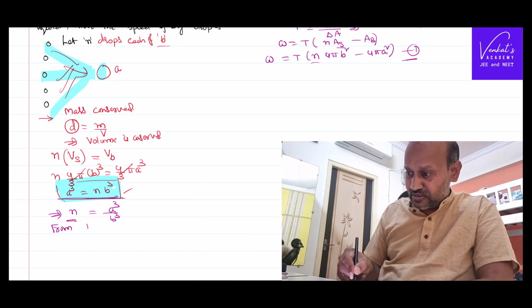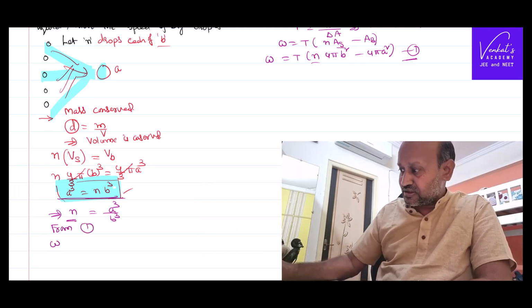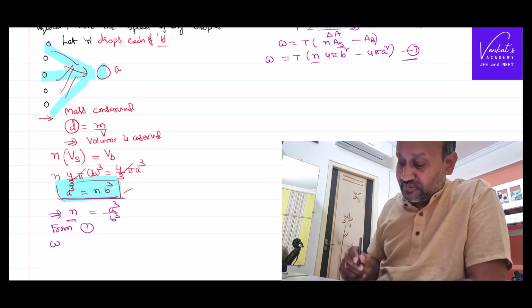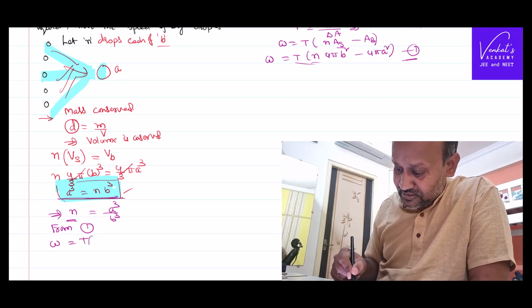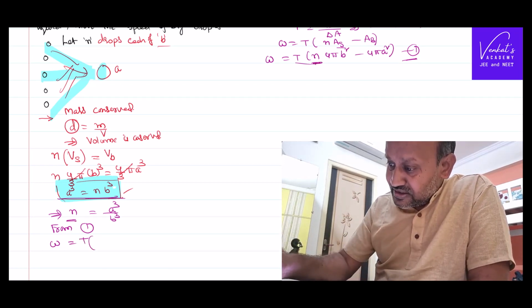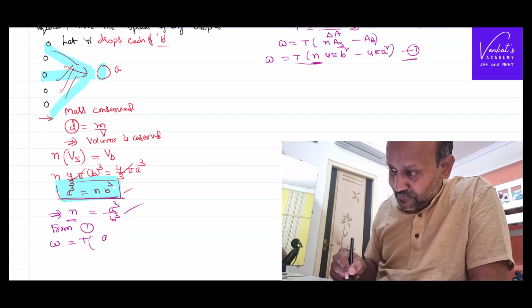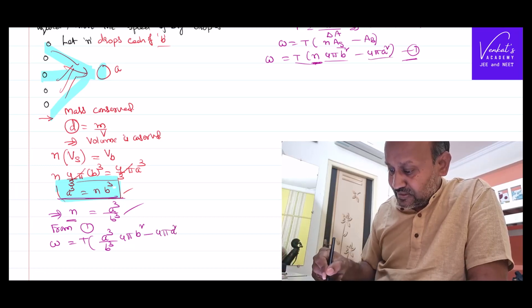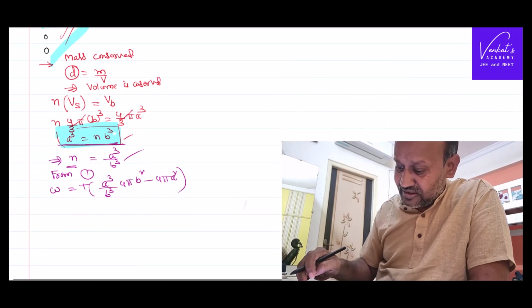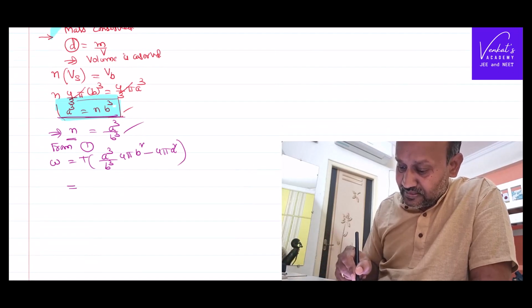From equation number 1, the work done can be found as T, in the place of n, let me write a cube by b cube. The remaining is the same, 4 pi b square minus 4 pi a square. So let's simplify this a little. 4 pi can be taken common from both of them.